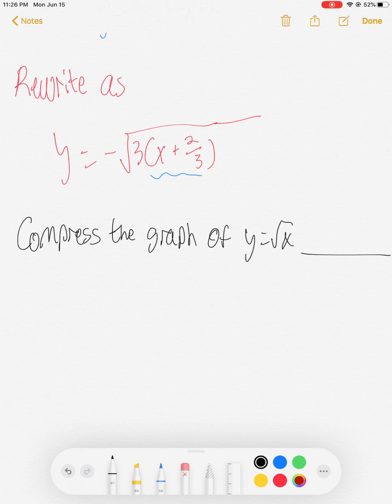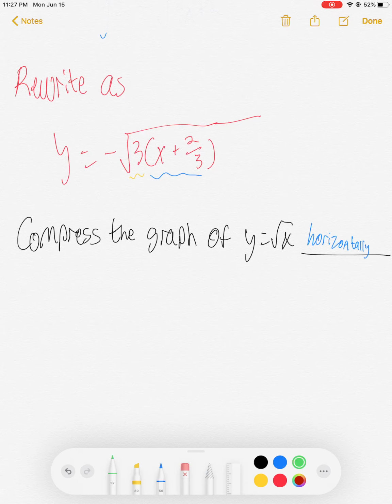So it says compress. The black that I'm going to write here is going to indicate what is given to us, and I'll try and make the blanks clear. Compress the graph of y equals root x, and then we have to fill in the blank. We have to determine whether this thing is being compressed vertically or horizontally.